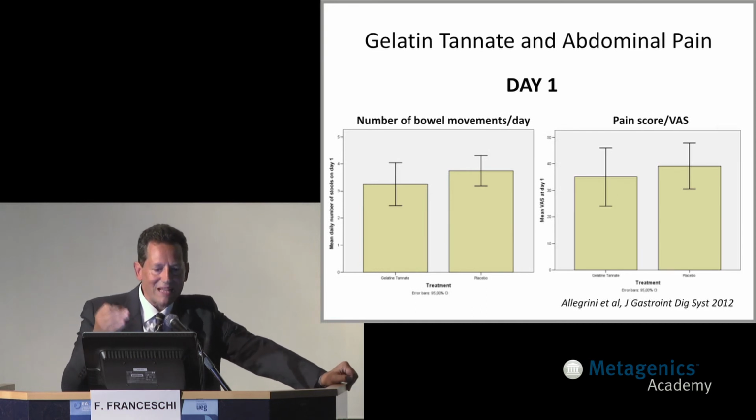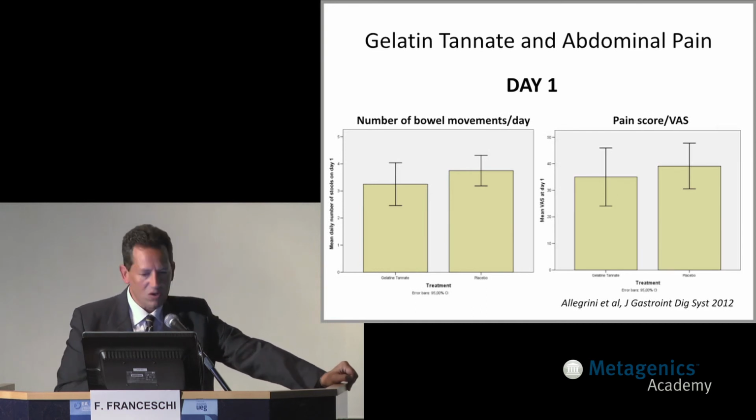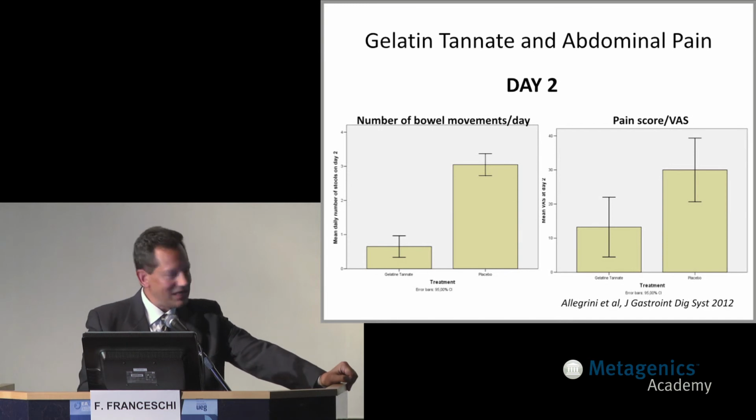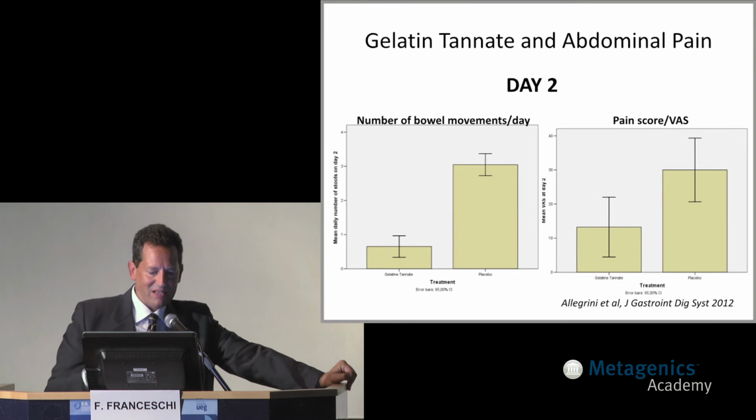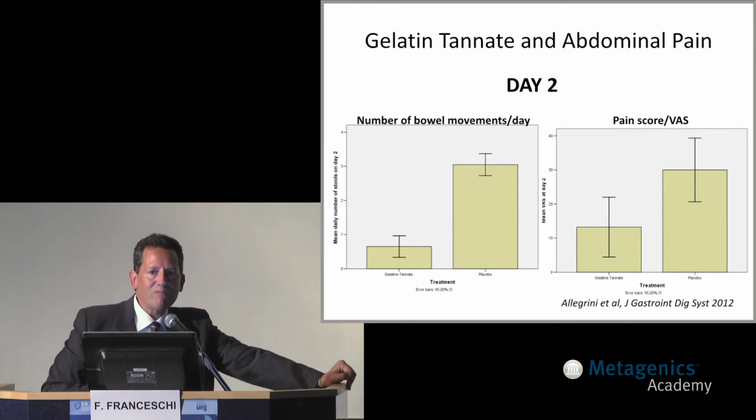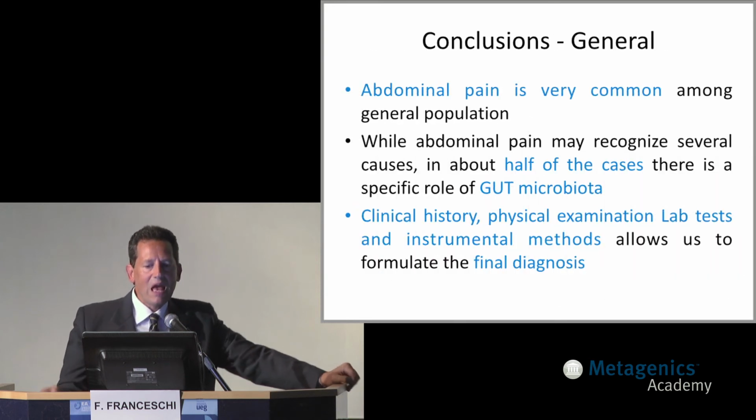At day 2, there was a decrease of bowel movements and also pain, and at day 3, a disappearance of bowel movements and pain score. This means that sometimes we have to treat patients with symptomatic therapy and also etiological therapy. And we can combine, of course, those two lines of treatment.